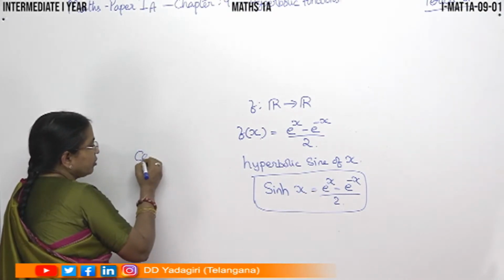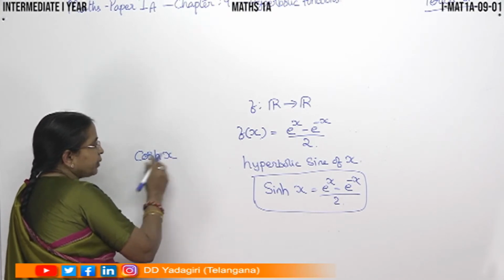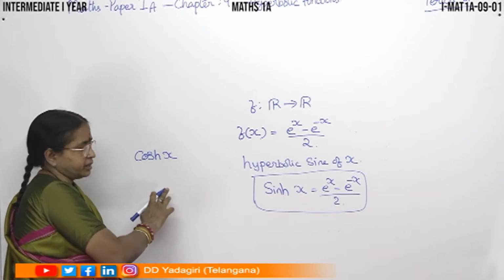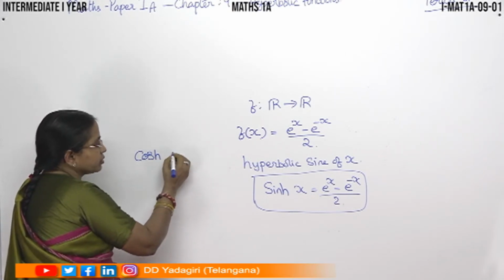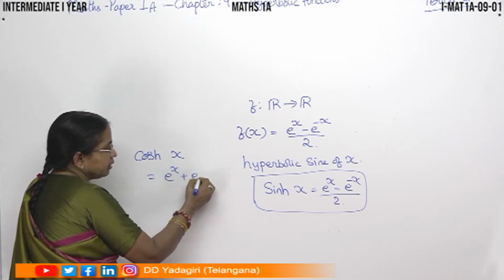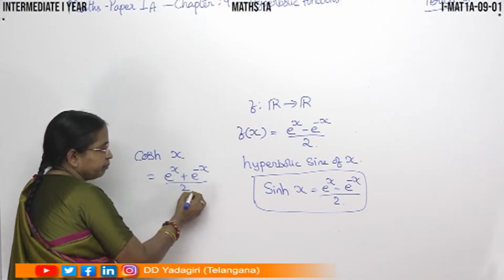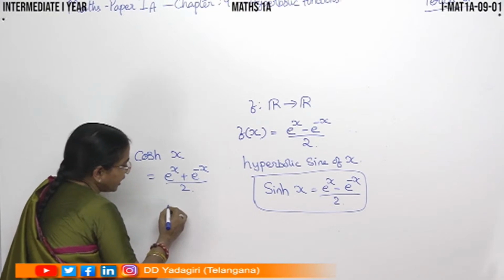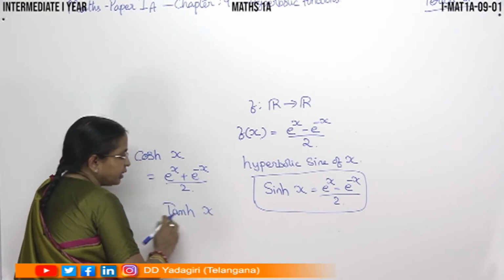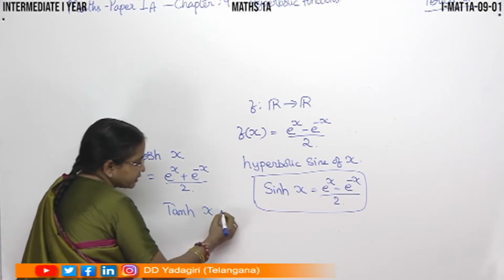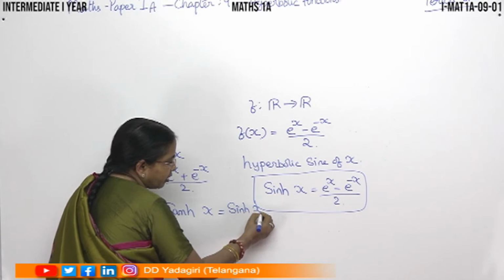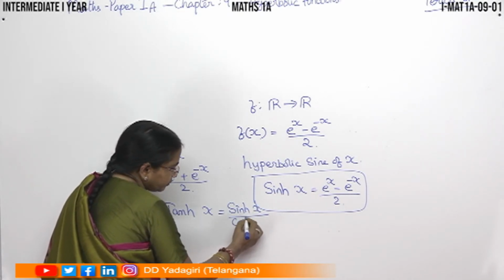Next we define coshx, the hyperbolic cosine of x. Hyperbolic cosine of x is defined as e power x plus e power minus x by 2. Next is tanhx, the hyperbolic tangent of x, which is defined as sinhx by coshx, like in trigonometry.